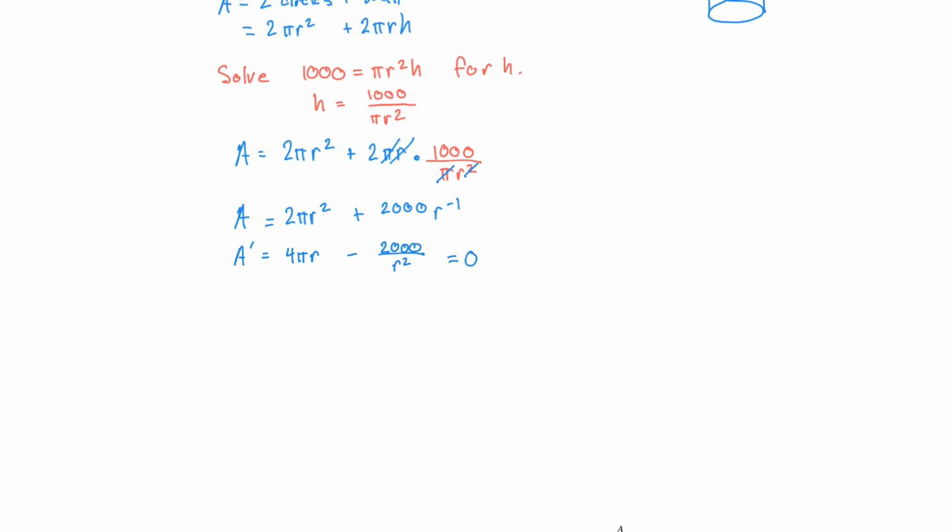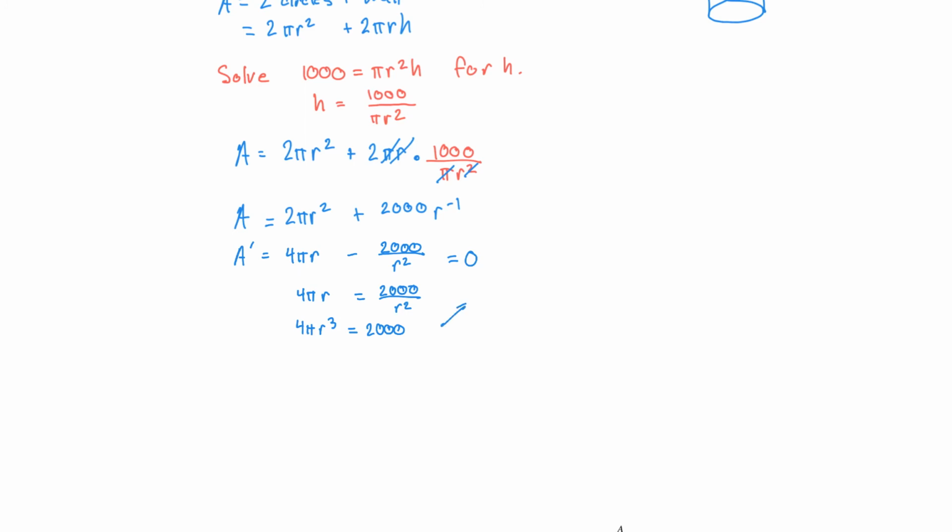Solve this very much like before. Simply add the 2,000 over r squared to both sides. So we have 4 pi r is equal to 2,000 over r squared. Multiply both sides by r squared, and we have 4 pi r cubed is equal to 2,000.